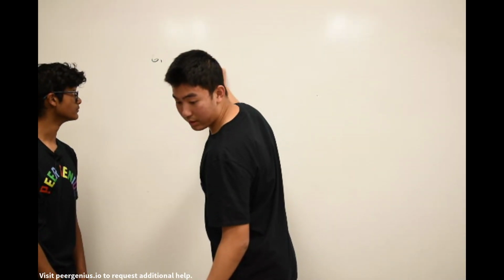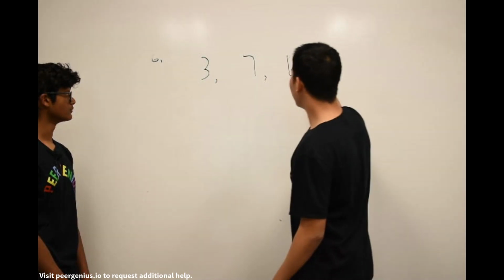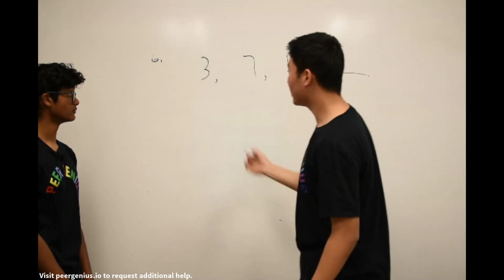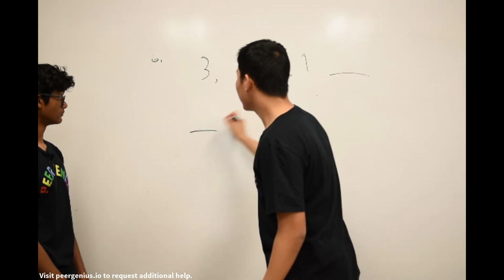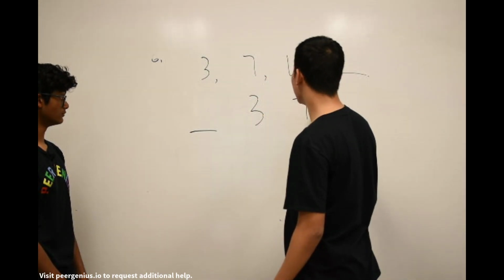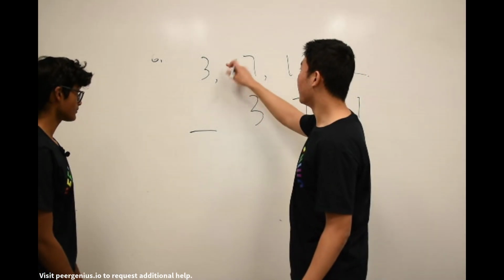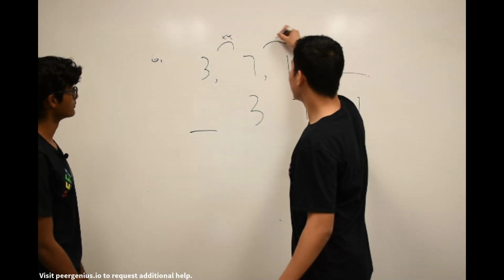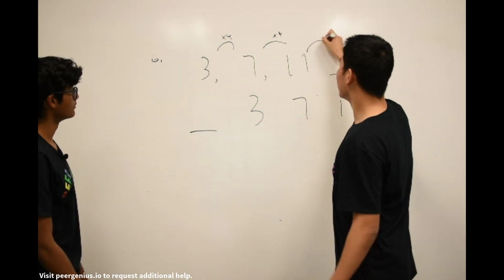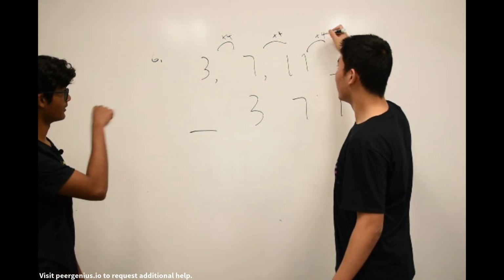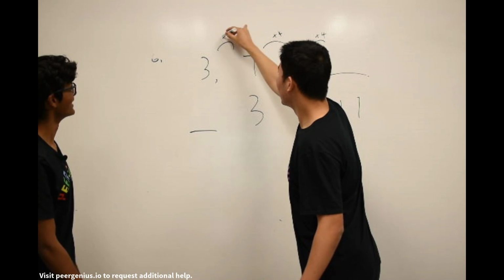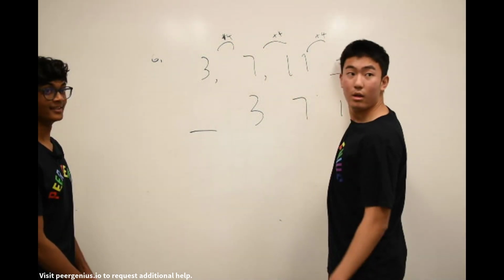So it would be 3, 7, 11, and x. And the second case is x, 3, 7, and 11. We see that the common difference is 4, because this is plus 4, and this is also plus 4, so for this it should also be plus 4.